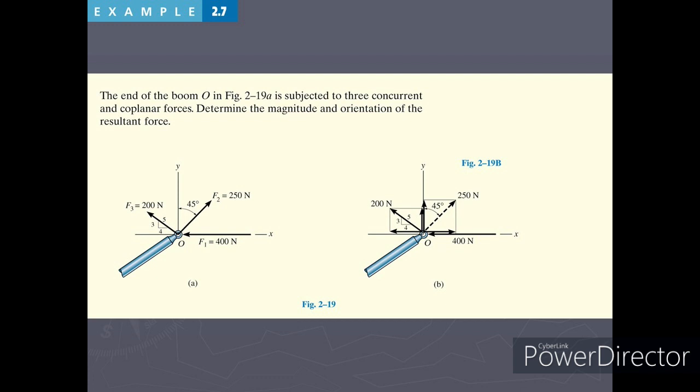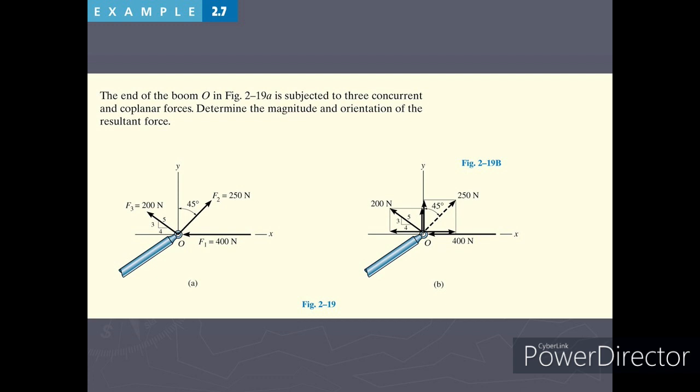Now, for F1, the Cartesian vector form will simply be minus 400i, because no component vertically, isn't it? For F2, we have the angle, isn't it? It will be what? 250. For F2, complete. Let's start with horizontal, then vertical.